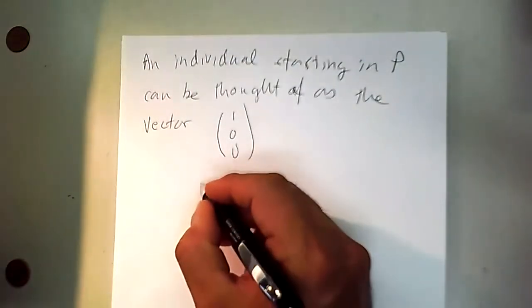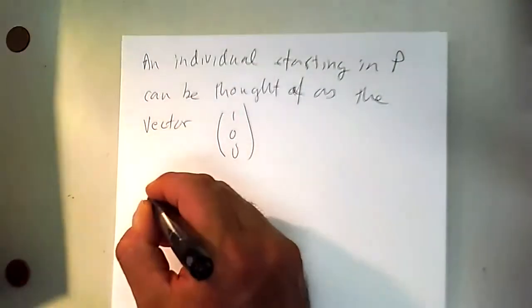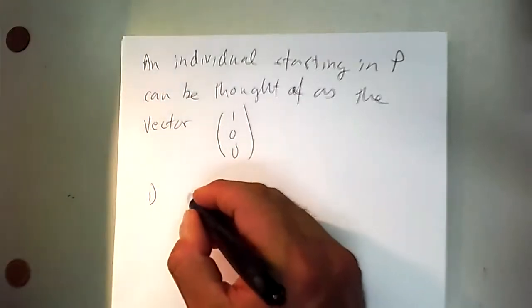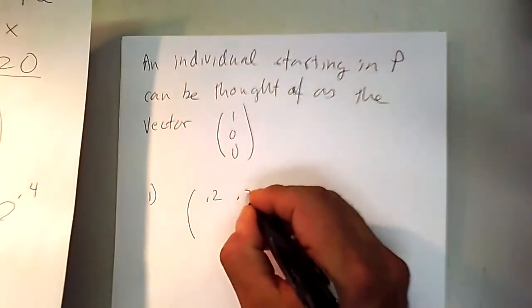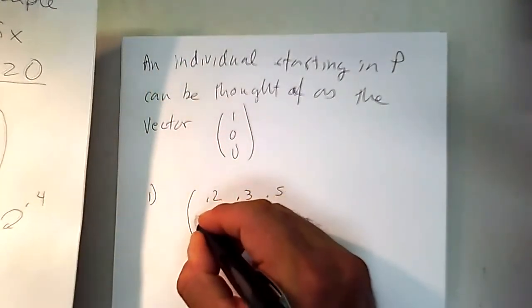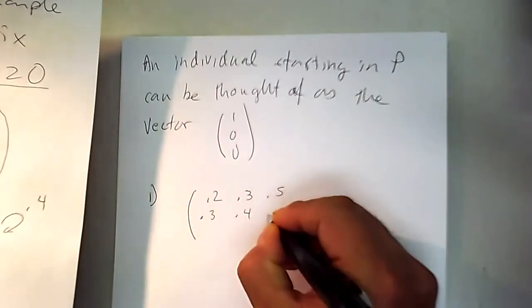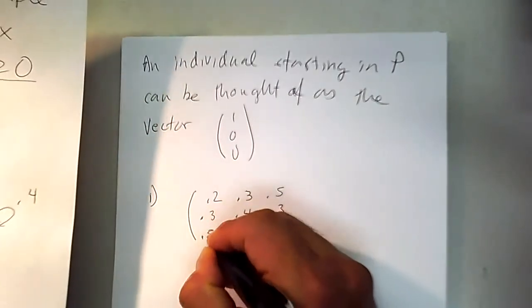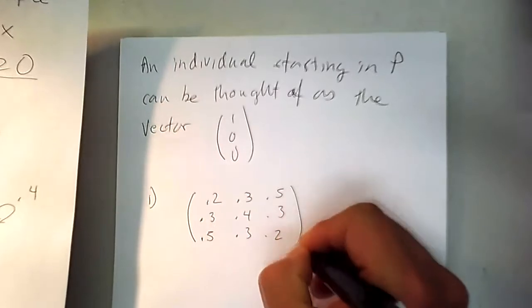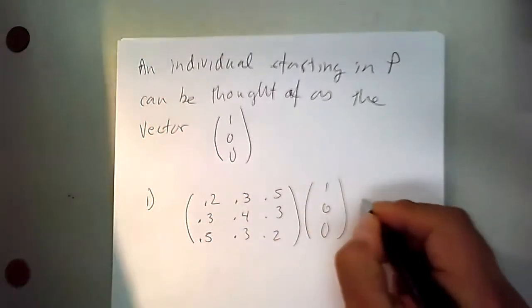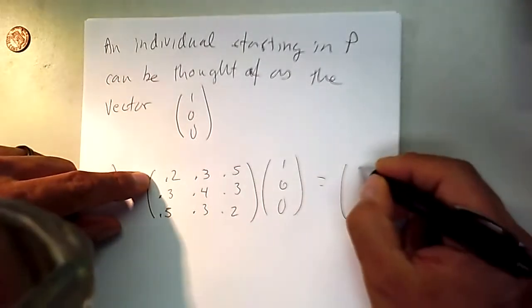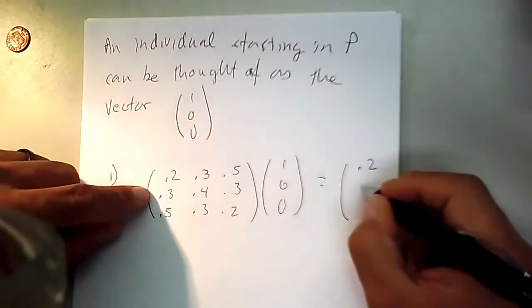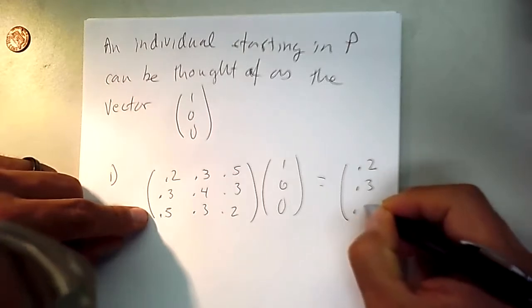So the way to answer the first question, an algebraic way to answer the question, is to multiply the original matrix 0.2, 0.3, 0.5, 0.3, 0.4, 0.3, 0.5, 0.3, 0.2 with 1, 0, 0, and of course that is going to give us 0.2, which is the answer that we're after. 0.3 and 0.5.